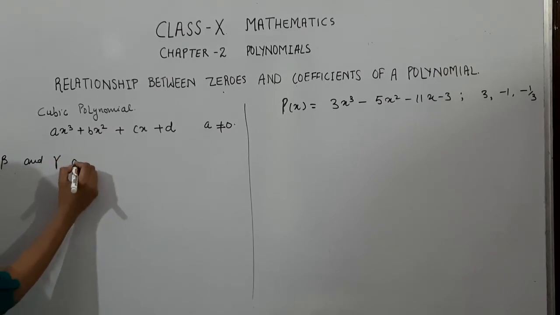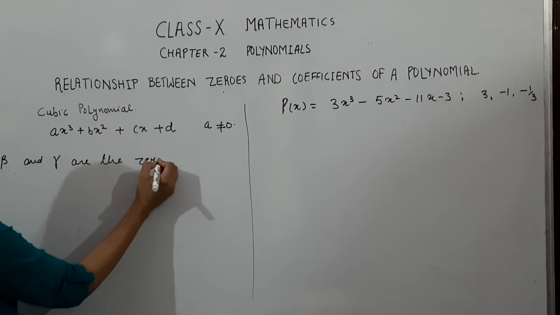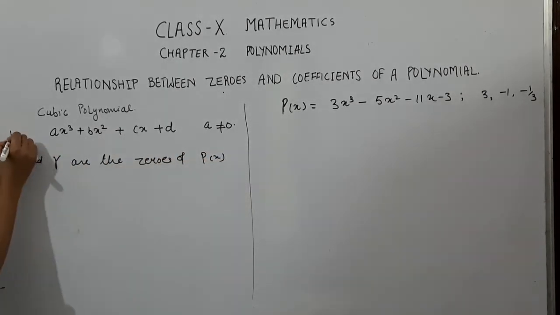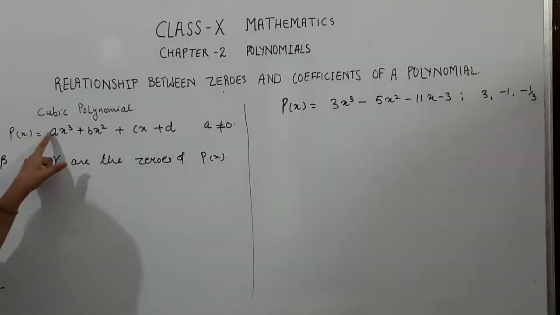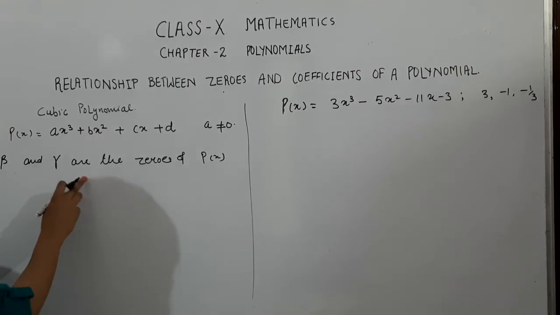Alpha, beta and gamma are the zeros of p(x). What is the relationship? Sum of zeros. These are the symbols only: alpha, beta and gamma.